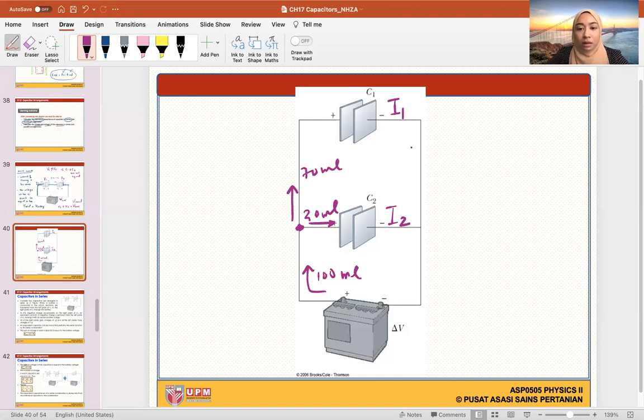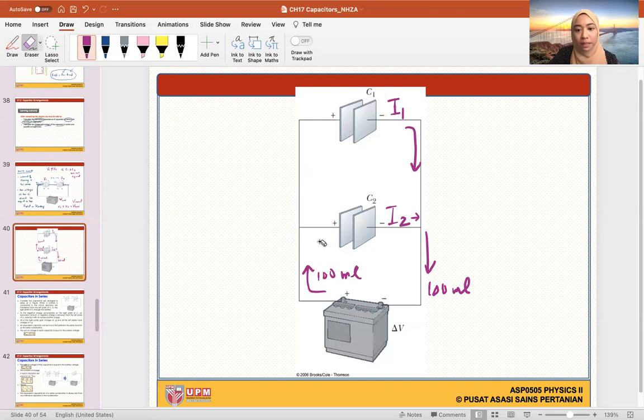Okay. So now this 70 ml continues flowing down here. This 30 ml continues flowing through here and they recombine to make 100 ml of water again. Okay, so based on this concept, I can say I1, I2.